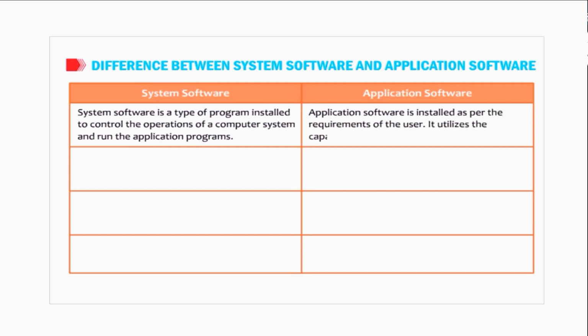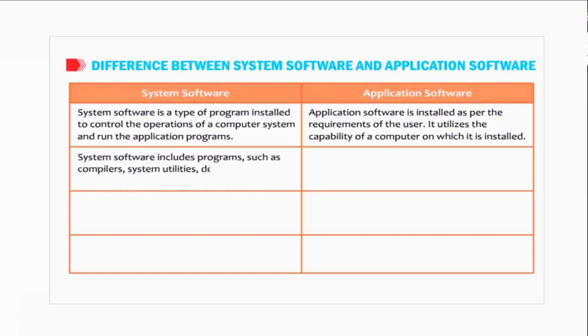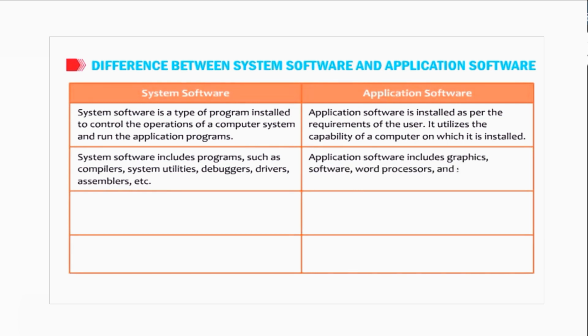It utilizes the capability of a computer on which it is installed. System software includes programs such as compilers, system utilities, debuggers, drivers, assemblers, etc. Application software includes graphics software, word processors, and spreadsheet programs, etc.